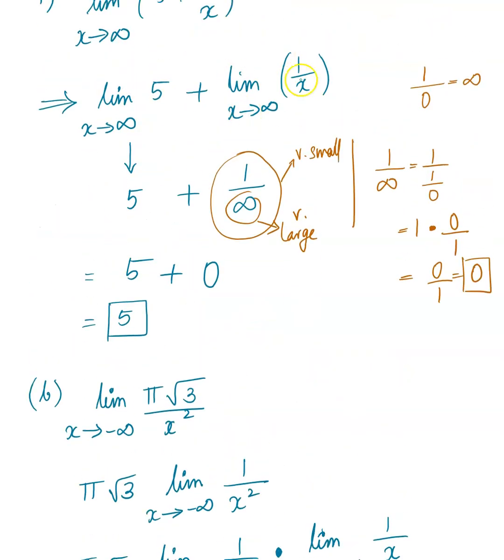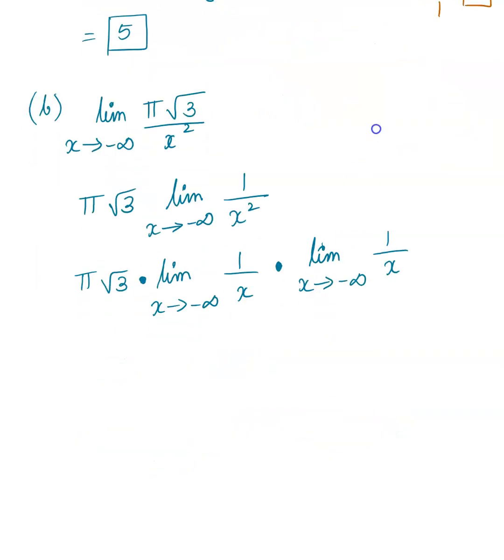We just saw here that the limit of 1 over x as x approaches infinity is 0. Now what about negative infinity? Negative infinity would have had the negative, right? Maybe negative 1 over 0 is negative infinity. But it doesn't matter because 0 does not take positive or negative. So what we see here is that this comes down to 0 times 0. So all of this multiplies out and that gives us 0. That's the answer for part B.